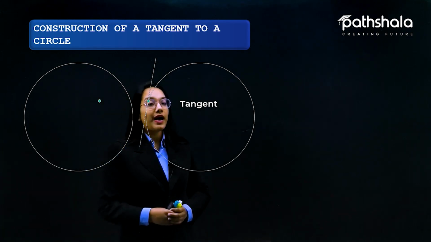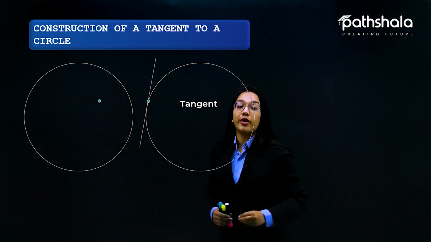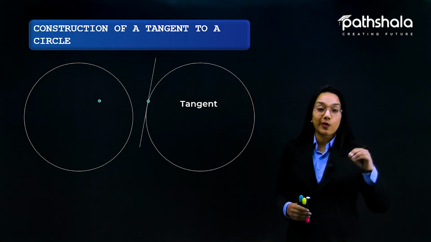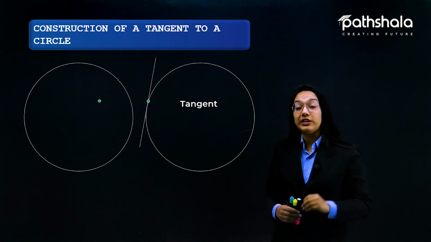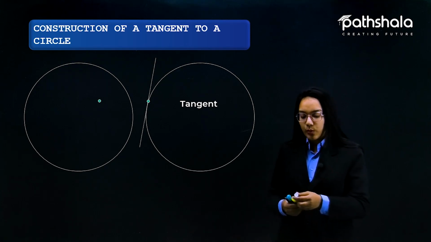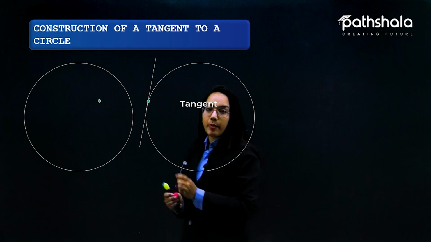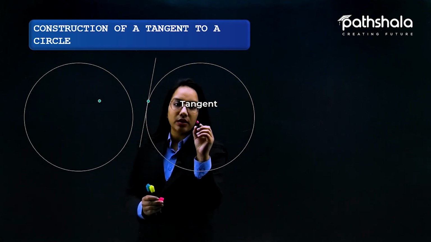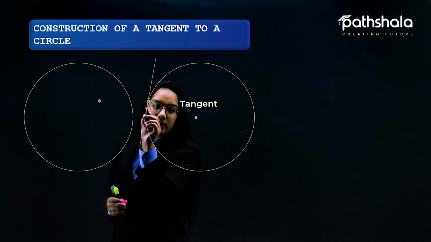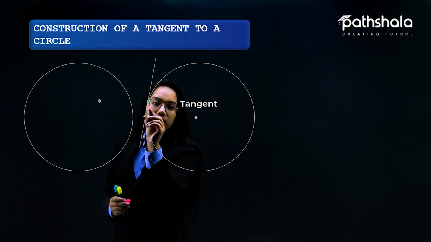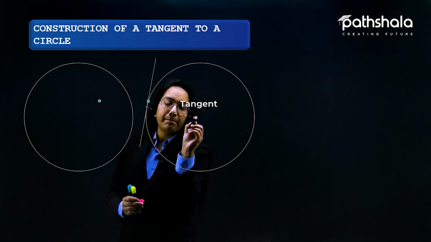So we know that if a point lies on the circle, meaning on the circumference, then we can draw a single tangent for it. Whenever I join this point of intersection with the radius, or with the center of the circle, this is a perpendicular distance.